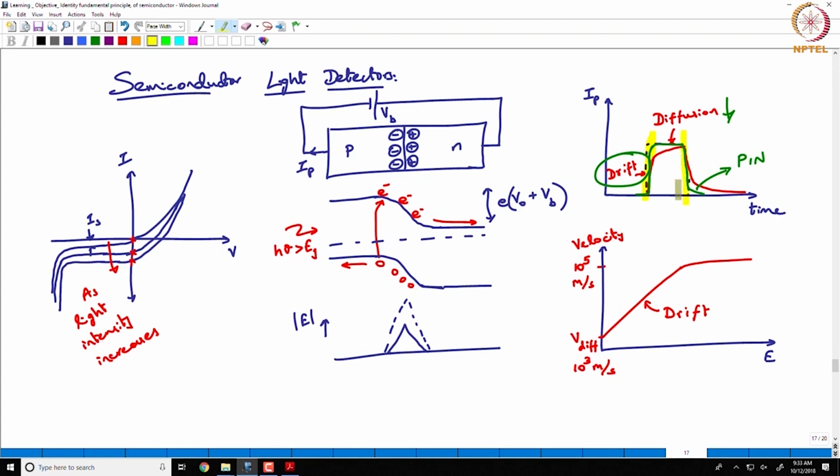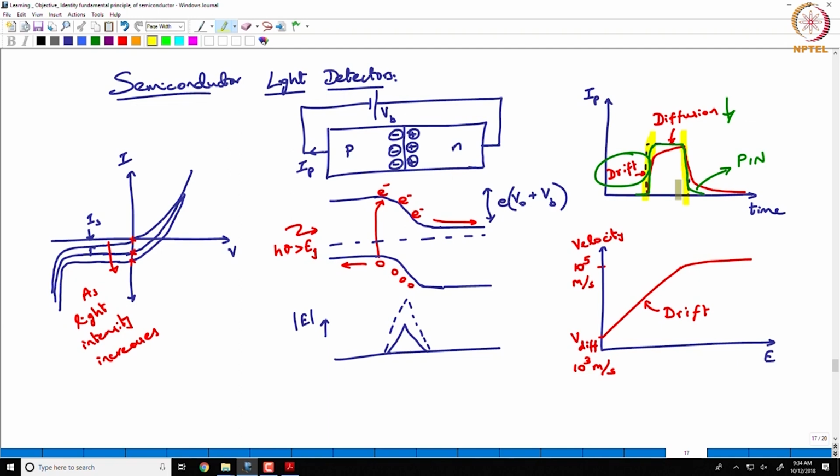We already said that the transit time is going to be a limitation in terms of generating the photocurrent, but the other limitation is also that the PIN diode is going to have a finite resistance, right, because these are not infinitely conducting. So, they have a certain resistance and they have a certain capacitance.